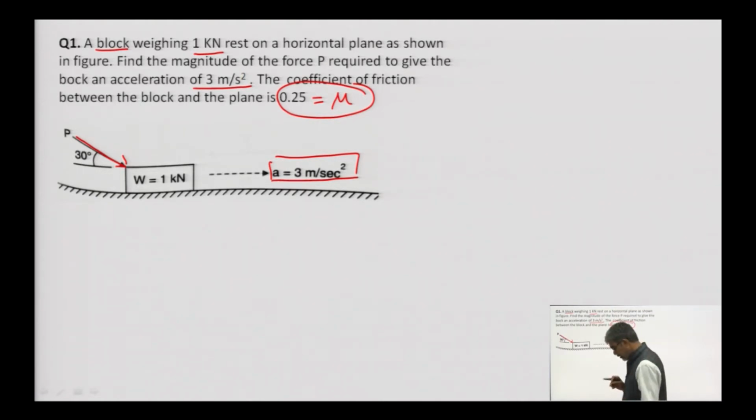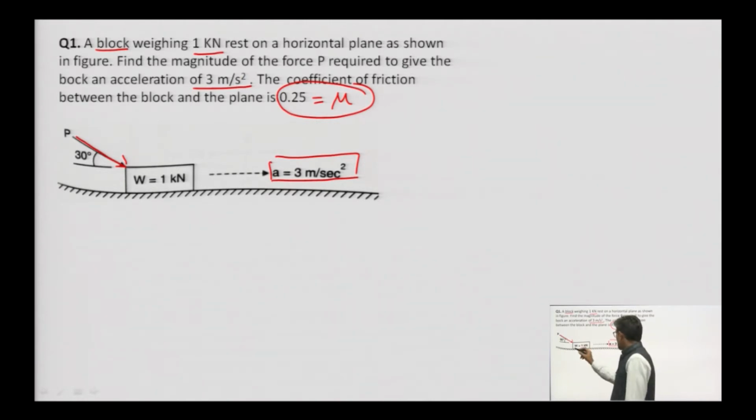How will we proceed? We will apply inertia force opposite to the motion. What is the direction of the motion? The direction of the motion is along this plane.